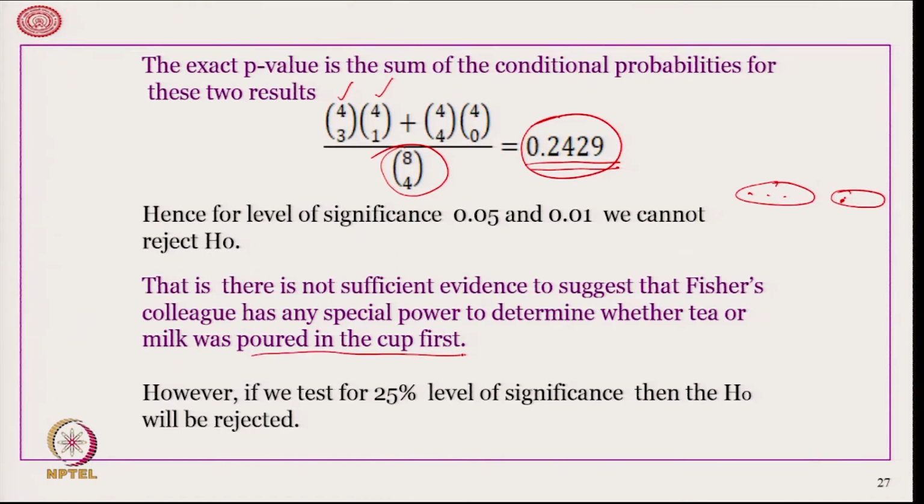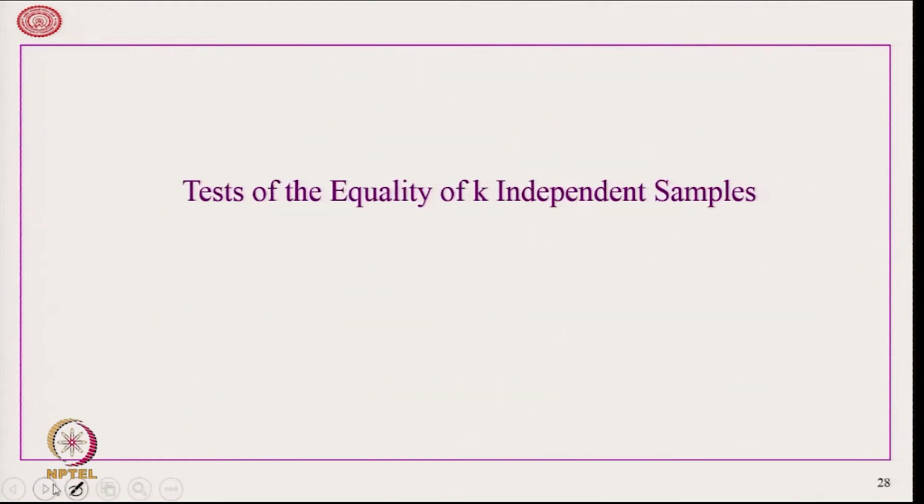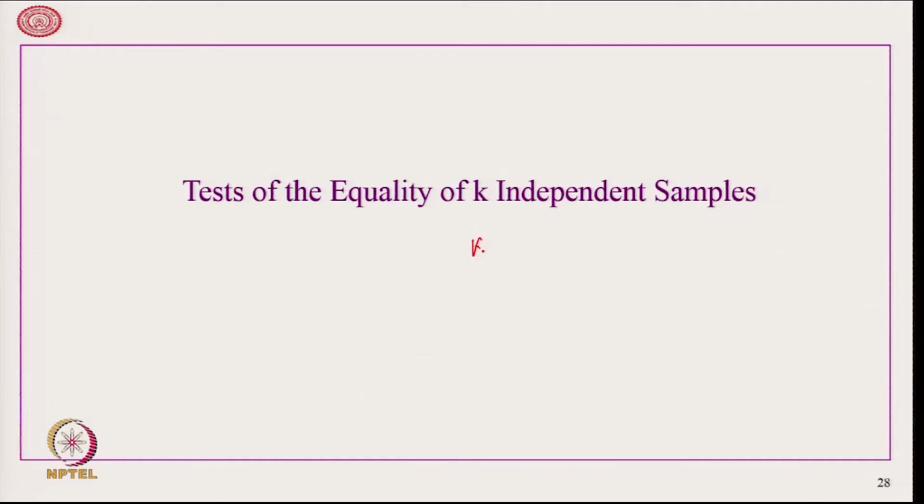Okay, students, let us now move to one of the most prominent and important non-parametric tests, which is the test of equality for k independent samples when the value of k is strictly greater than 2.